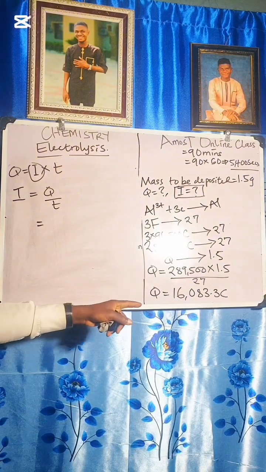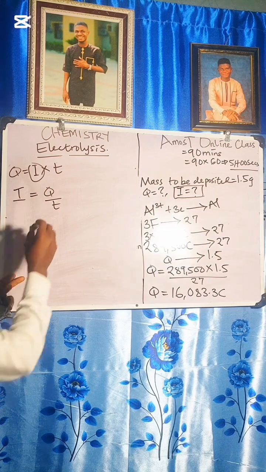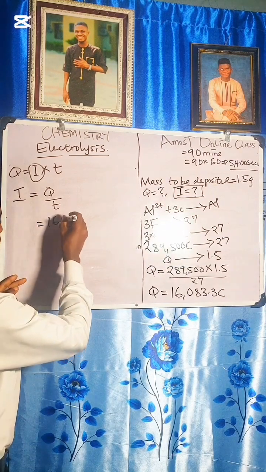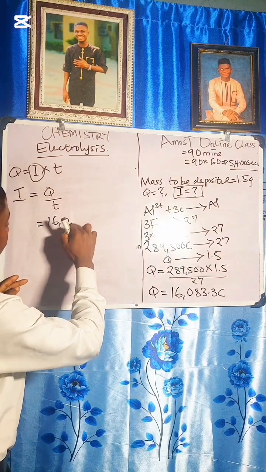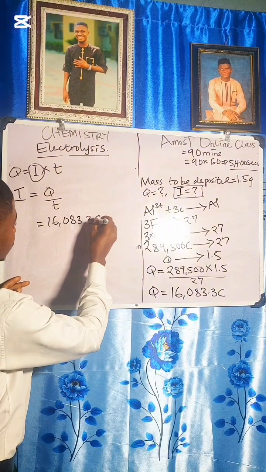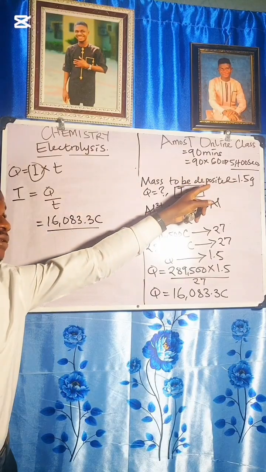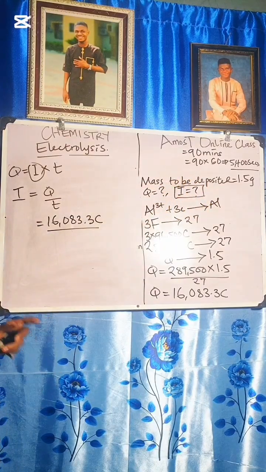Now our Q from our solving is 16,083.3 coulomb, and our time from our conversion is 5,400 seconds.